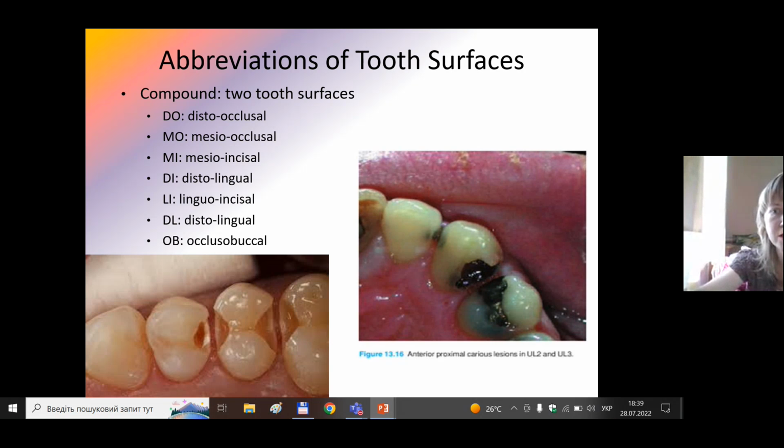So disto-occlusal, mesio-occlusal, disto-occlusal once again, mesio-incisal, distolingual, linguoincisal, distolingual, occlusobuccal.